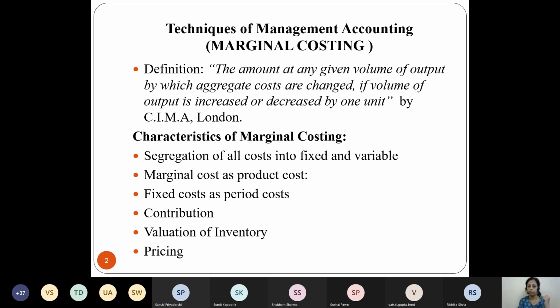Now there is one more concept used in marginal costing, which is very important. The whole technique is based on that. That is contribution. You must have used this word. For example, suppose you are celebrating your friend's birthday. Together you plan something, then there is some cost.